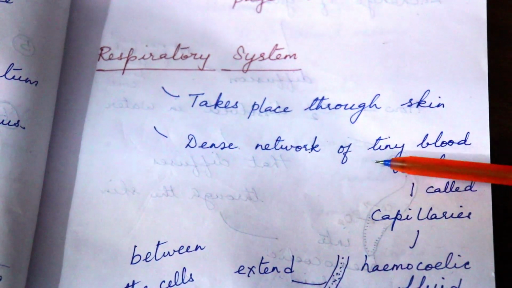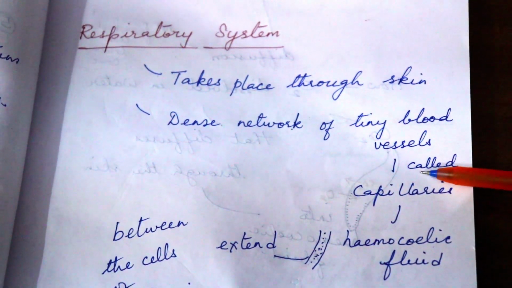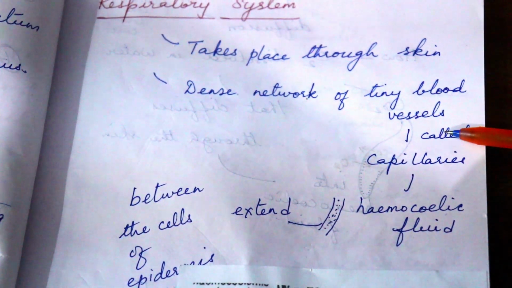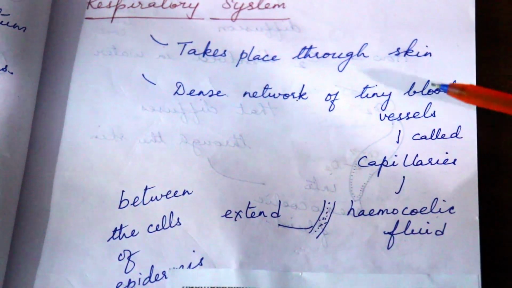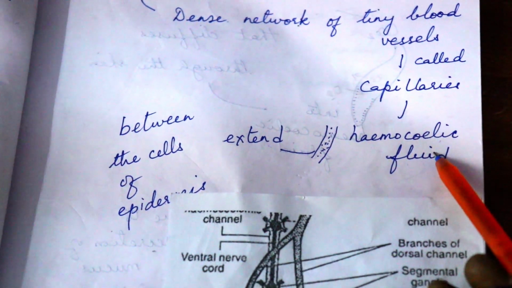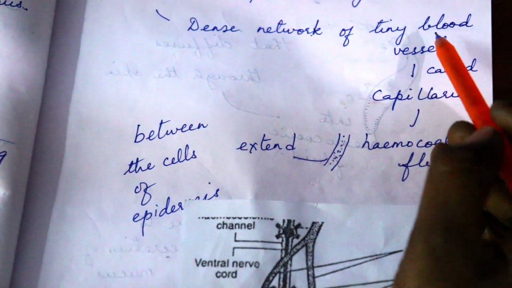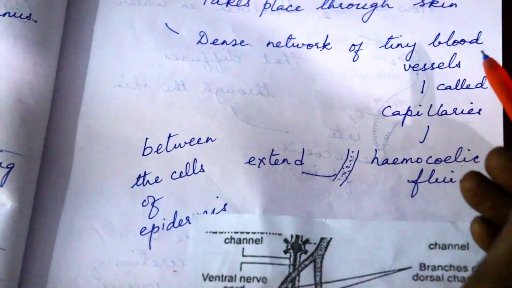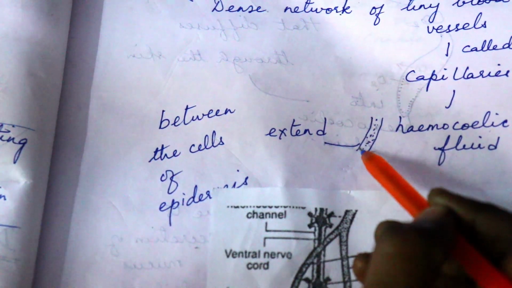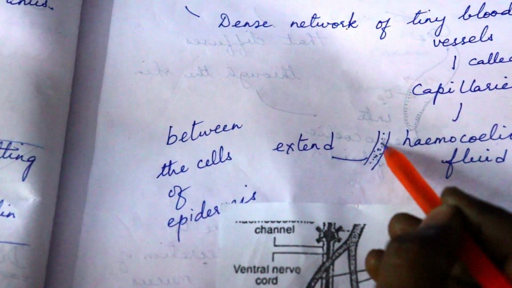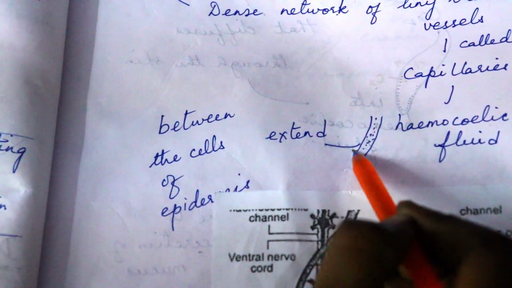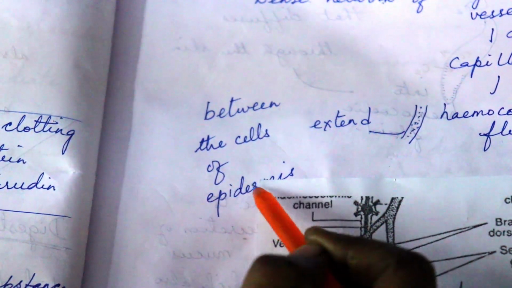A dense network of tiny blood vessels called blood capillaries. It is not actually blood capillary, but it is otherwise called hemocoelic fluid. What is this? I said it is tiny blood vessels. Tiny blood vessels we call capillaries. Inside them there is hemocoelic fluid. Okay, it is extended in between the cells of the epidermis.